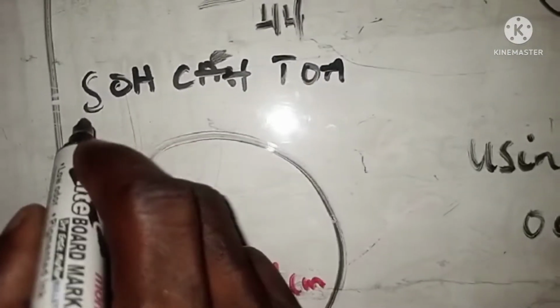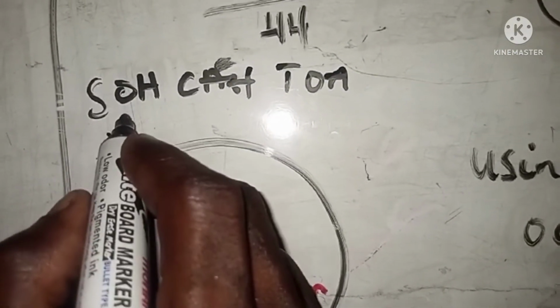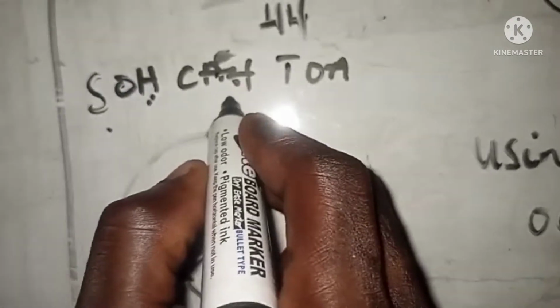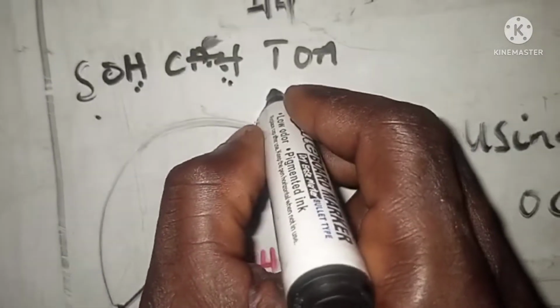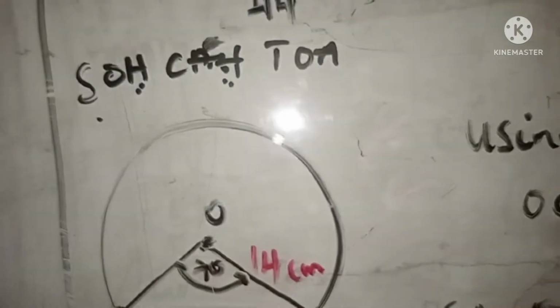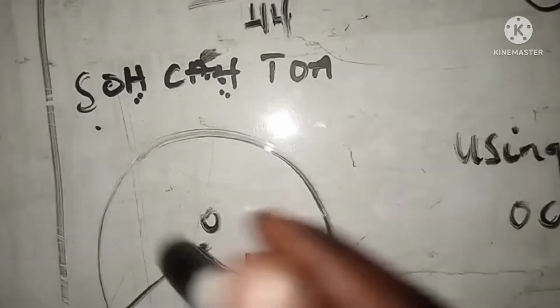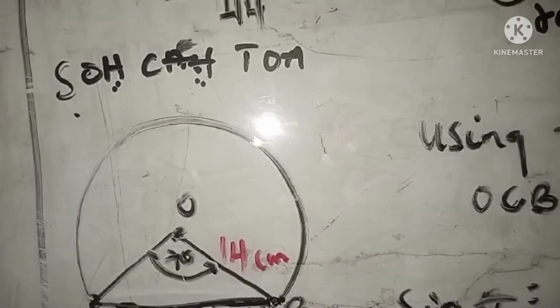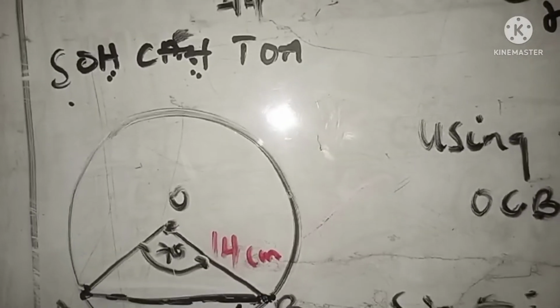So sine is equal to opposite over hypotenuse, and then cos is equal to adjacent over hypotenuse, and then tangent is equal to opposite over adjacent. We have a full video on this, so make sure that you subscribe to the channel and check the link in the description below, right?